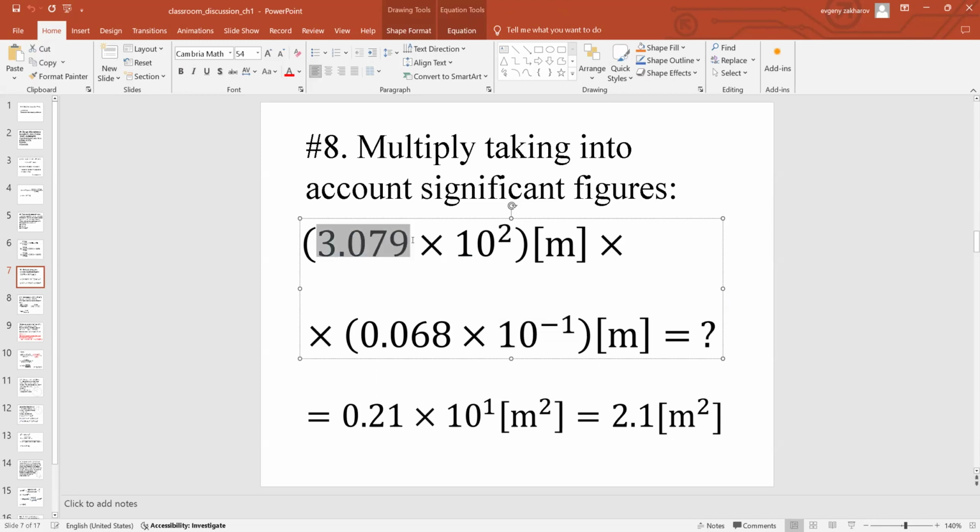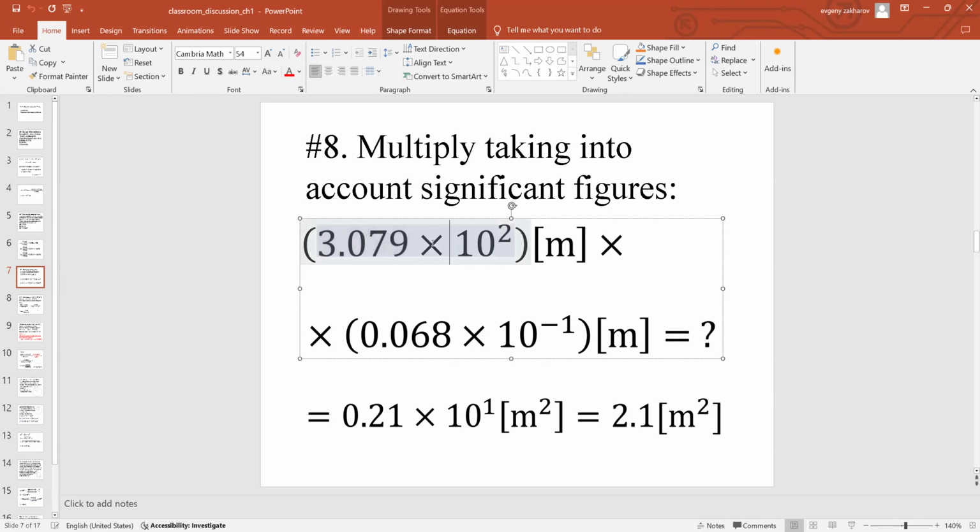And one last thing, you multiply 3.79 times 0.068. So I do get 0.209372, which I have to round.